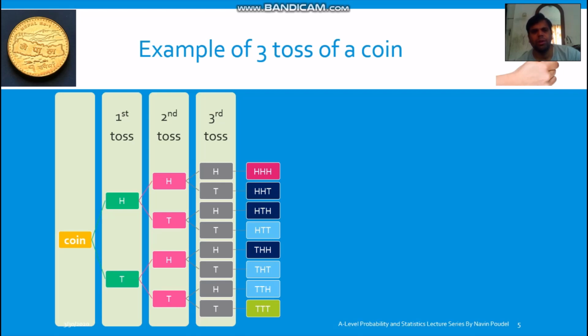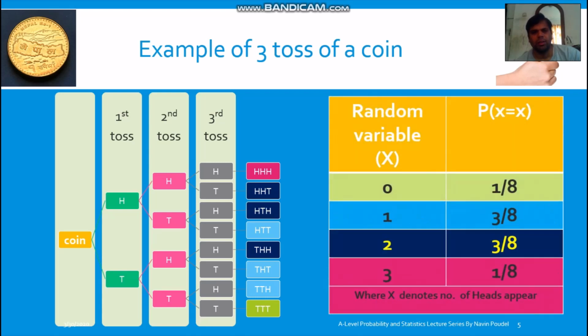What you can observe is, through a random variable, if we suppose X is the number of heads that appear, then we can see 3 heads in 3 tosses, 2 heads, 2 heads, 1 head, then 2 heads, then 1 head, then 1 head, and then no head.